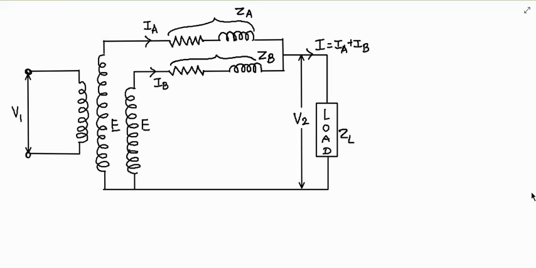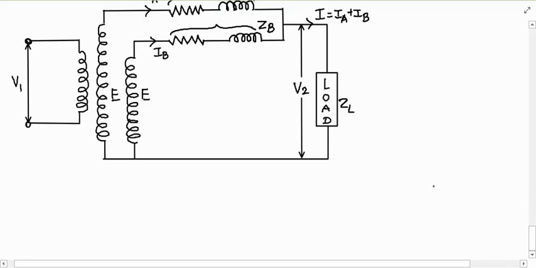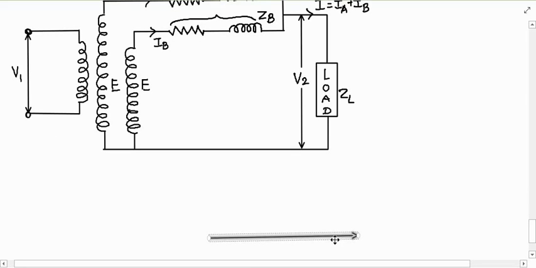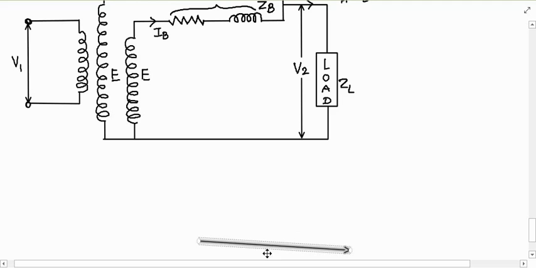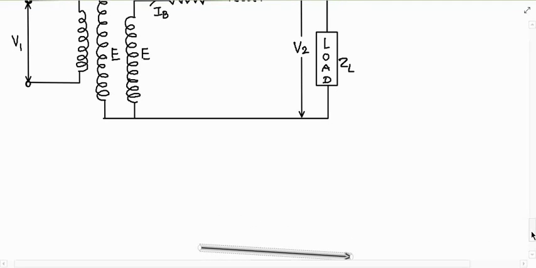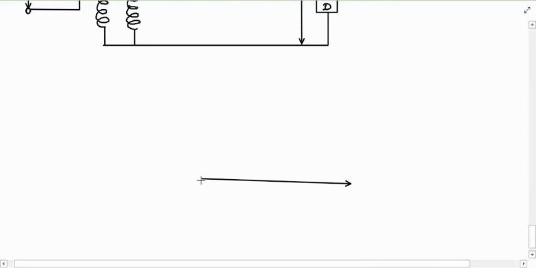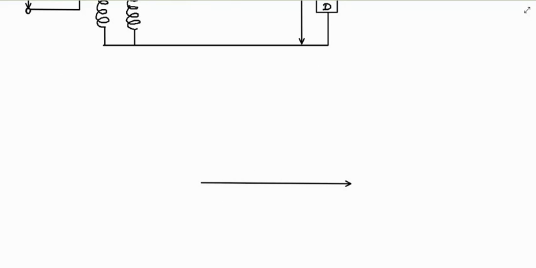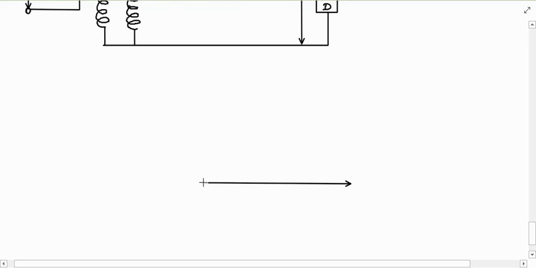So let us draw the phasor diagram. For drawing the phasor diagram, I will take V as the reference vector. Then currents IA and IB are not equal.